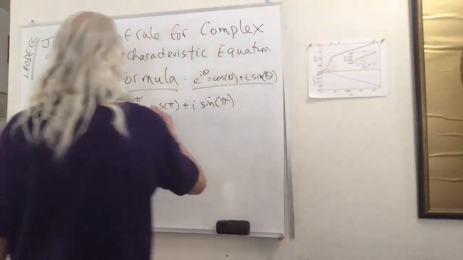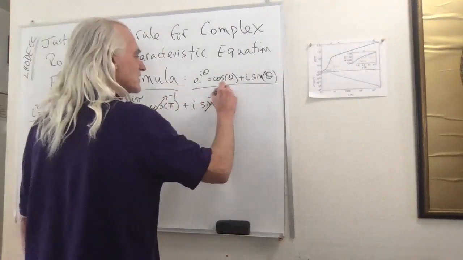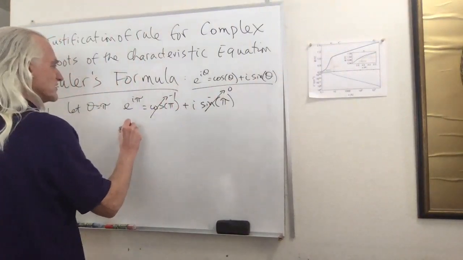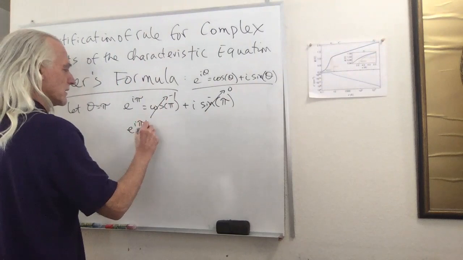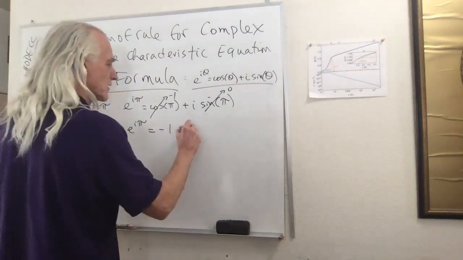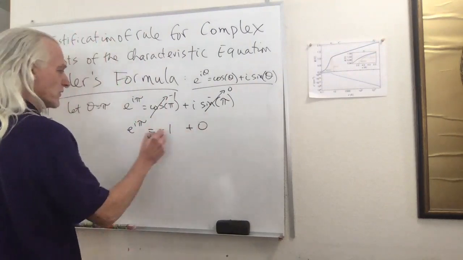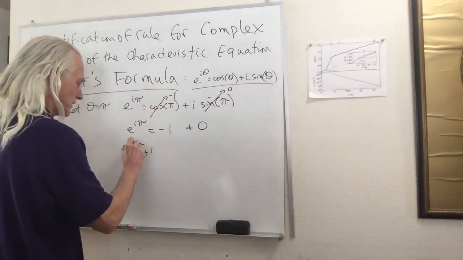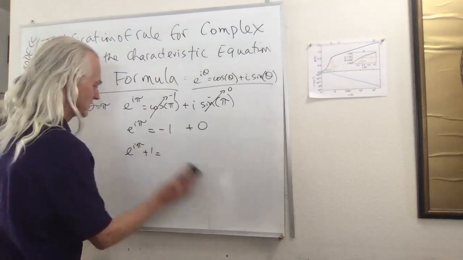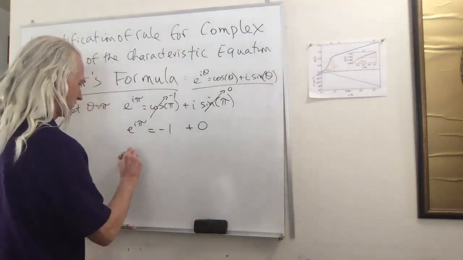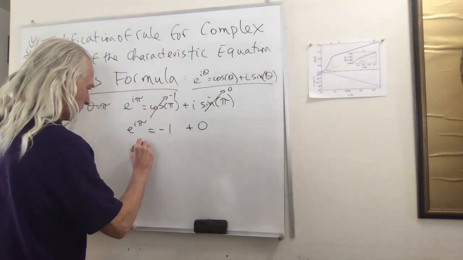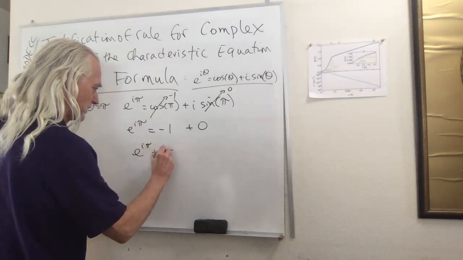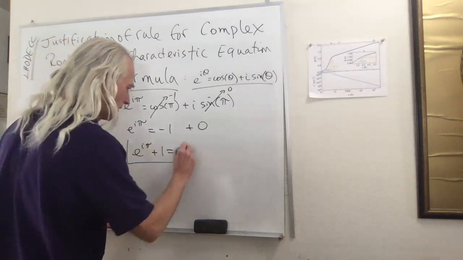Cos of pi is -1, sine of pi is 0. So e to the i pi is equal to -1 plus 0. Or if I bring this over, I get, it's a beautiful formula, so I should write it beautifully, e to the i pi plus 1 equals 0.